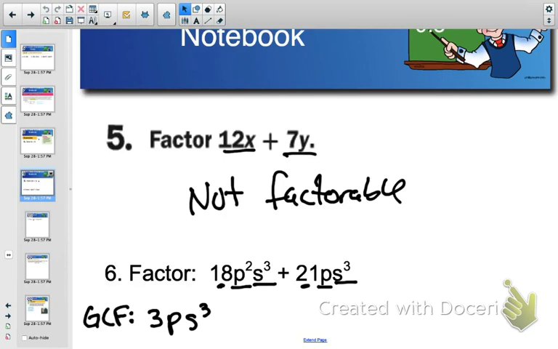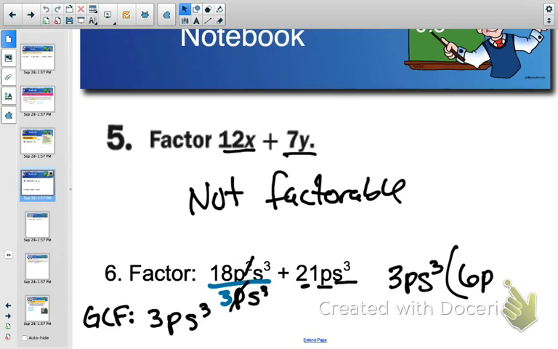So we're going to put that on the outside of the parentheses. So 3p s to the third, parenthesis. And if I take 3 and divide it out of 18, that leaves 6. If I take 1p out, because I'm dividing by 1p, that's going to cancel and leave 1p left.